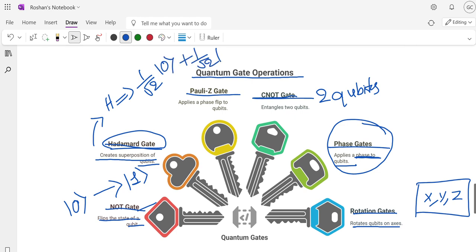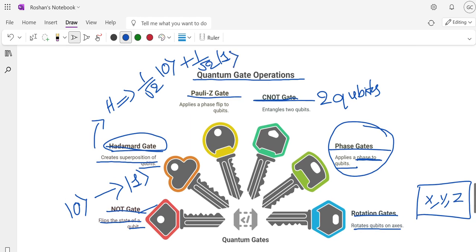That means both the amplitudes will have equal probability. The Pauli gate applies a phase flip to qubits. Okay. In the phase gate, it only applies a phase to the qubits. Here in the Pauli gate, it will flip the phase of the qubits.